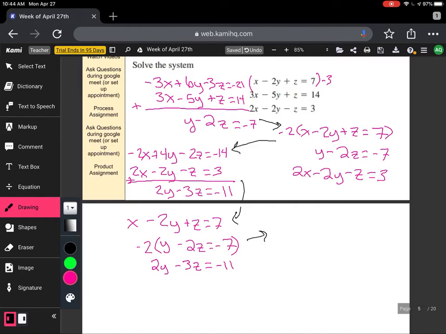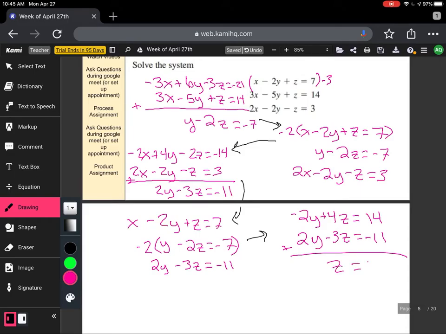So my second equation there is -2 times y, -2 times -2z, -2 times 7. And then my third equation, okay, if I add these two, I got -2y plus y, well, gone. Again, the whole point in doing that. And now I have 4z minus 3z.